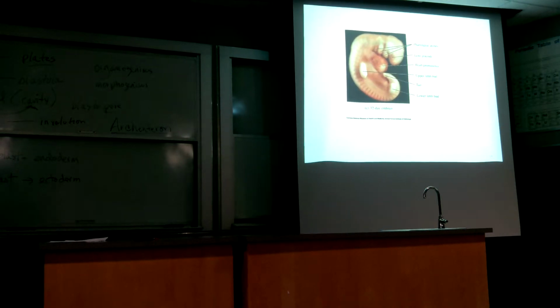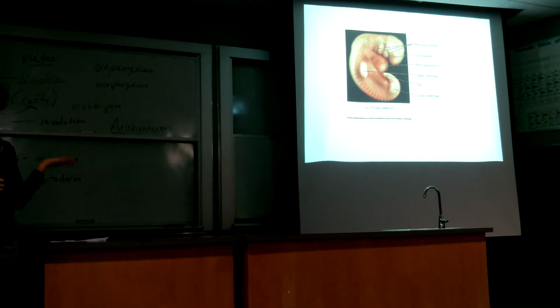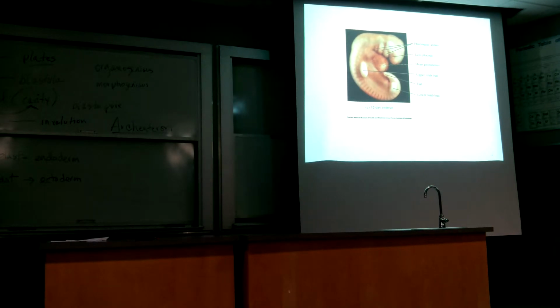And here is a little bit older embryo. So this is an embryo, not a fetus, and to me, there's a very distinct difference between those two stages of development. You can see the beginning limb buds and the pharyngeal arches, or gill arches. If you put a fish and a human next to each other at certain stages of embryonic development, you might not even be able to tell the difference.